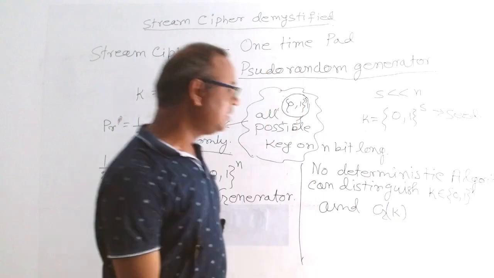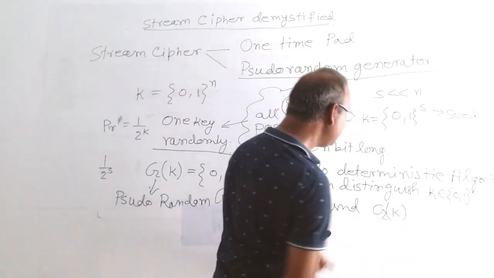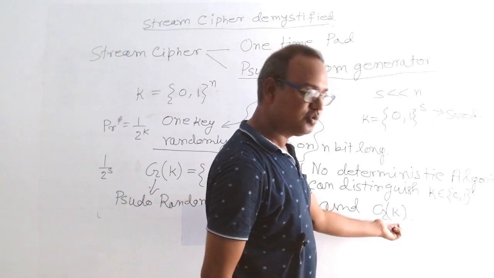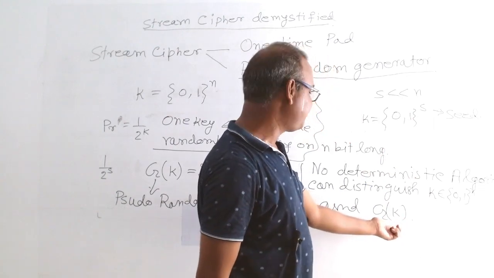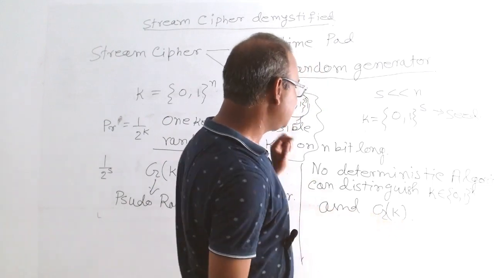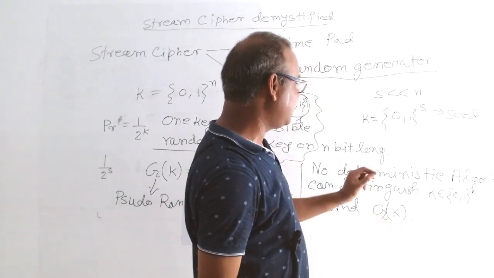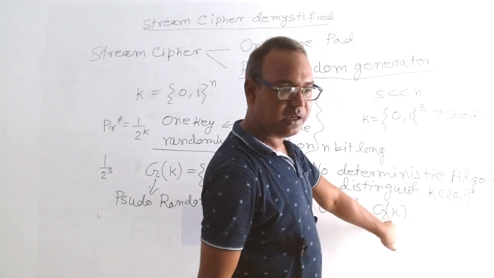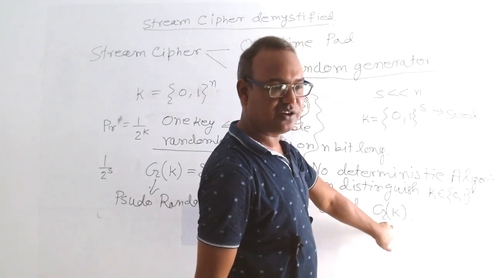Okay, if this thing happens, then we will say this is a pseudo random generator. Okay, and this key is a pseudo random key.